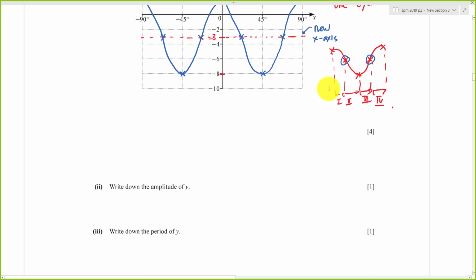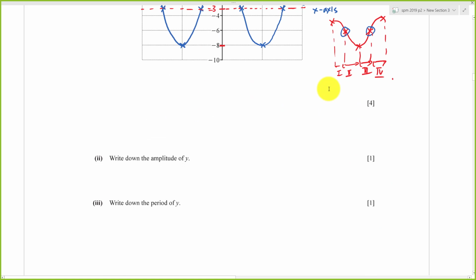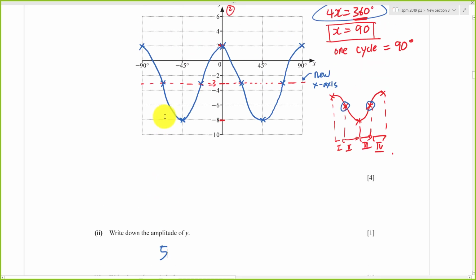Okay, then after that will be your bonus marks, because if you can draw this graph, you definitely know the amplitude, right? So it's 5. But what I want to say about amplitude is, even if your equation is y equals -5 sin x, your amplitude is still +5, because we never take the negative for the amplitude.